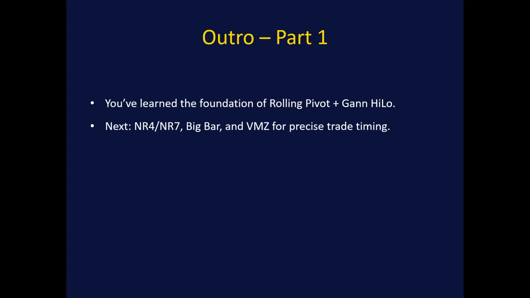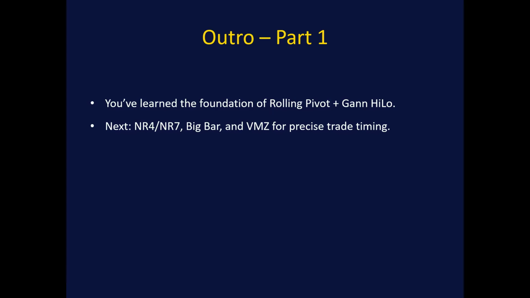I've added more precision tools like NR4 and NR7, big bar logic, and vertical marker zones for precise trade timing. So you have learned about the rolling pivot and Gann HiLo, and in the same indicator I have added other additional features for the enhancement of your trading journey.